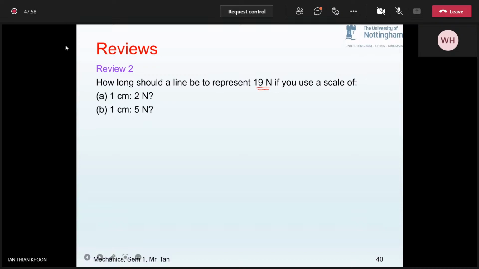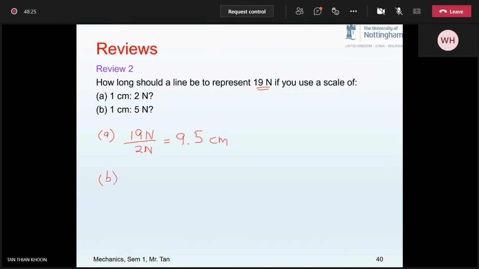How did you get it? 19 Newton divided by 2. Yes, so we just take 19 Newton divided by 2 Newton to get the length. So it's 9.5 centimeters.